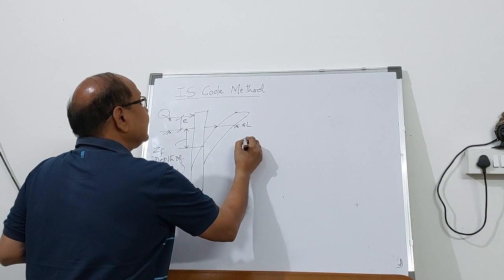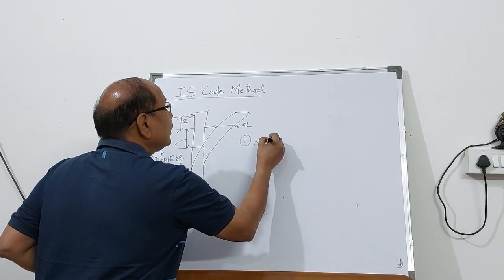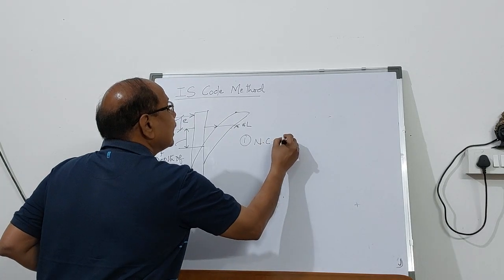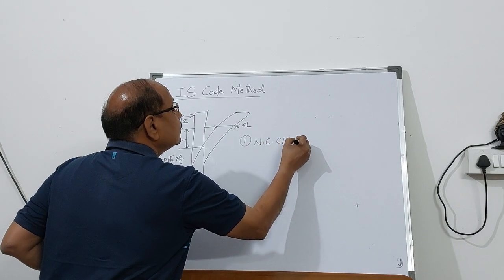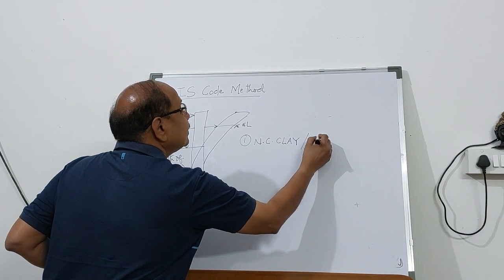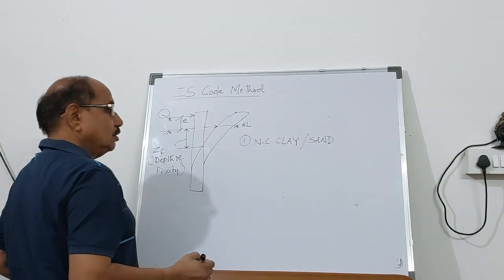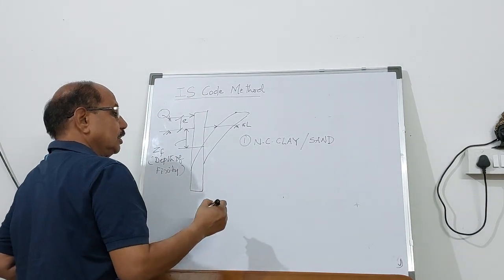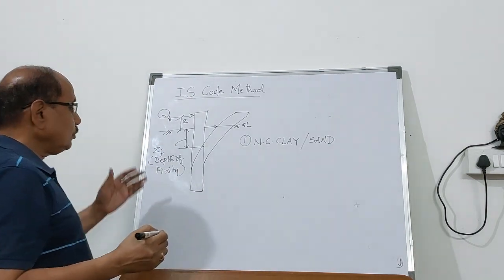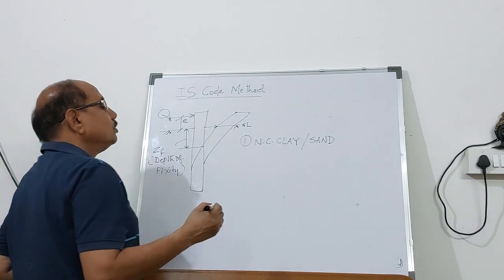Here the criteria is for NC clay, normally consolidated clay, or for sandy ground. The depth of fixity can be found out.